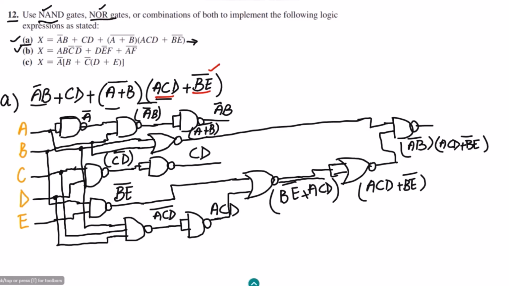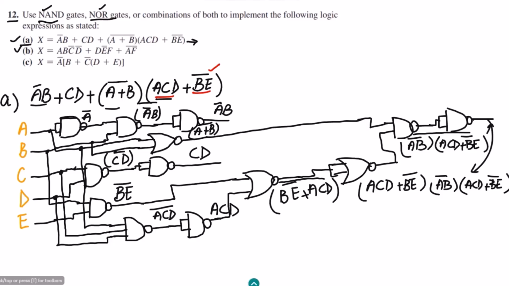With that let me use another NAND gate, and it will remove this complement which was here. So at the end it will be AB whole complement, and here ACD plus BE whole complement. Okay, so this is the expression for it.